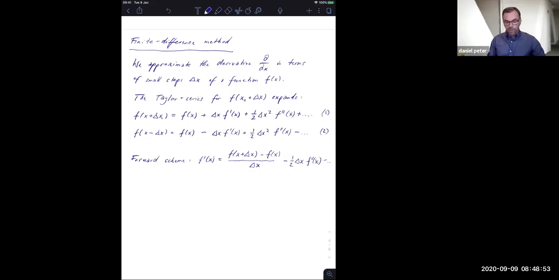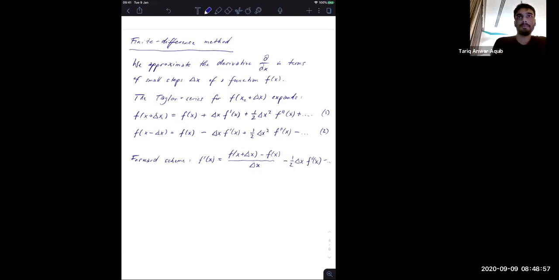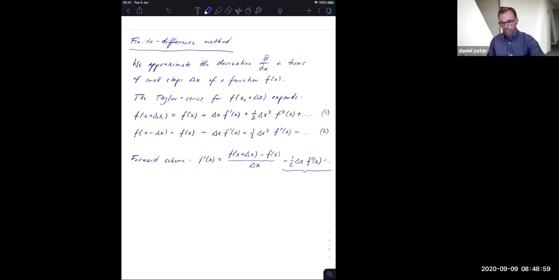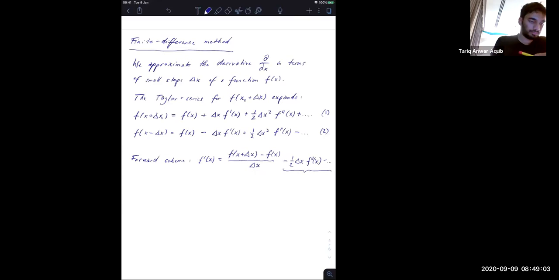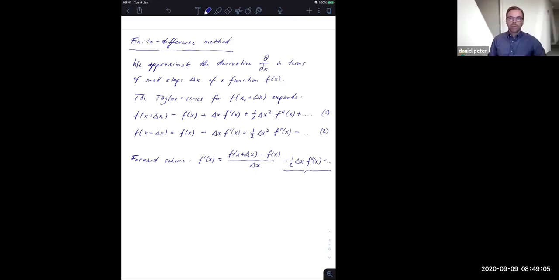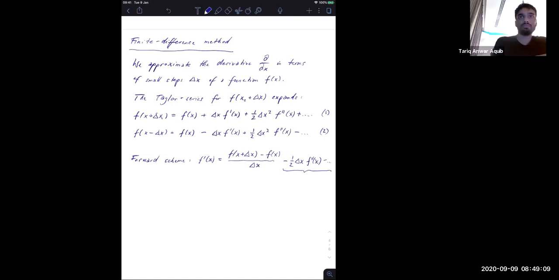So the forward scheme only takes the first term, and the rest we're going to ignore. And that's basically the approximation error that we're going to make with the forward scheme.